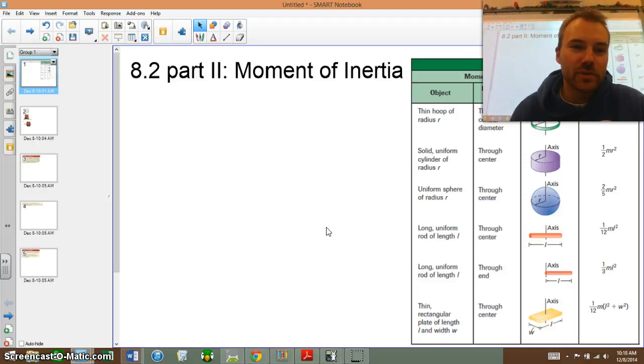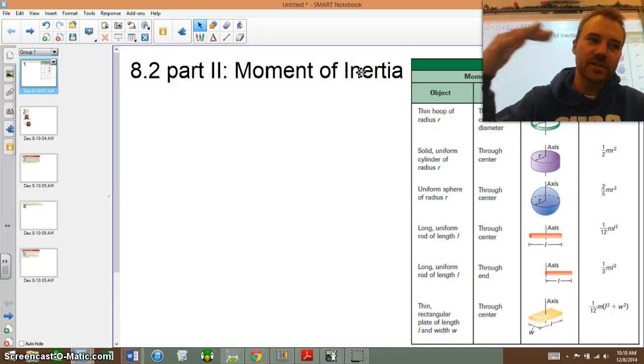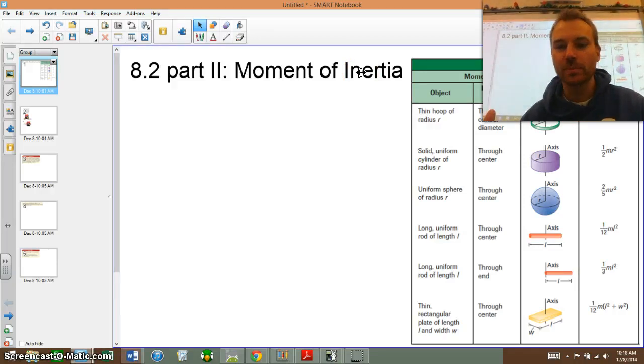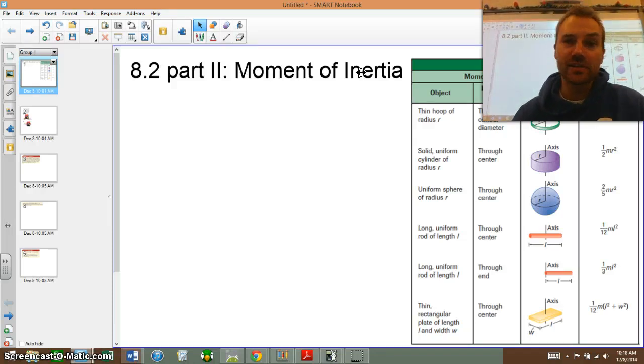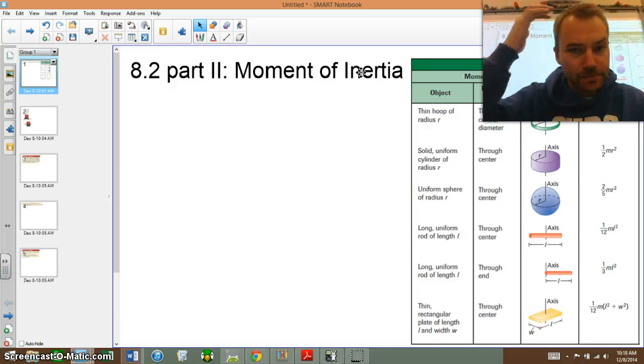Today is 8.2 part 2, which is moment of inertia. And you know, we've talked about inertia before. Inertia is how hard it is to start or stop something moving. Like a really large person has inertia. It's hard to get them up to speed, and it's also hard to stop them once they're up to speed.